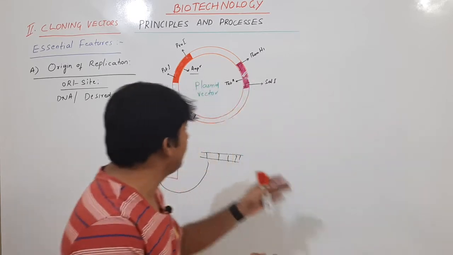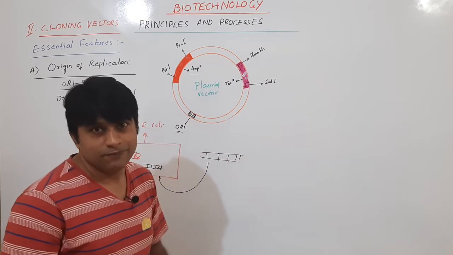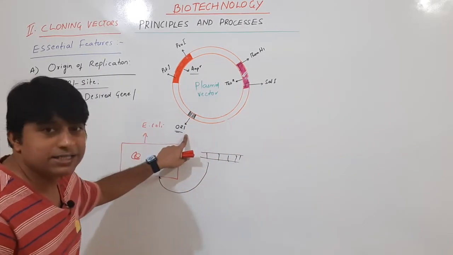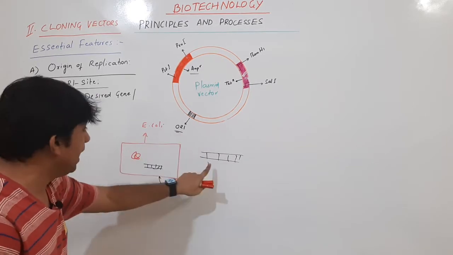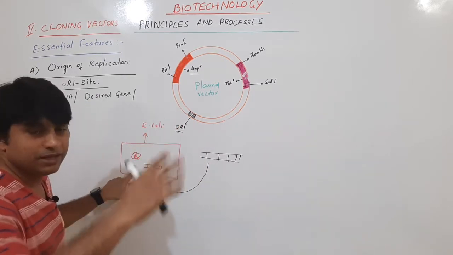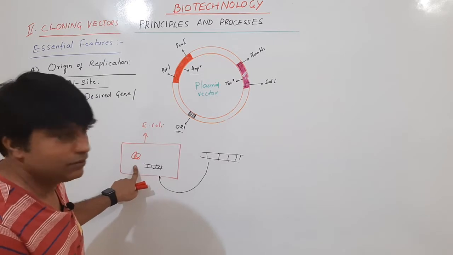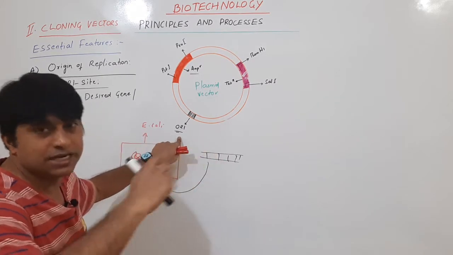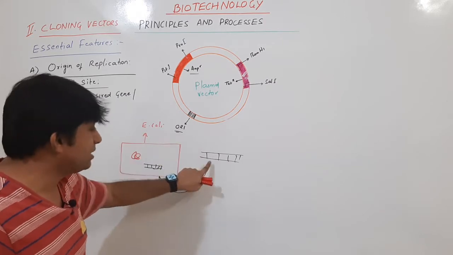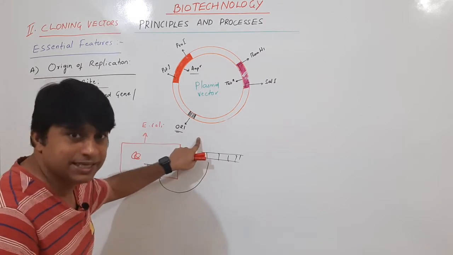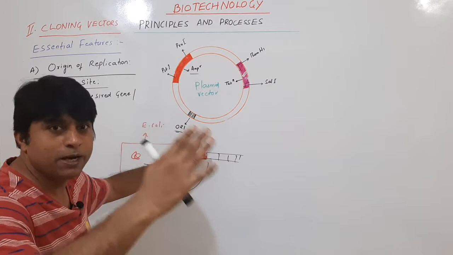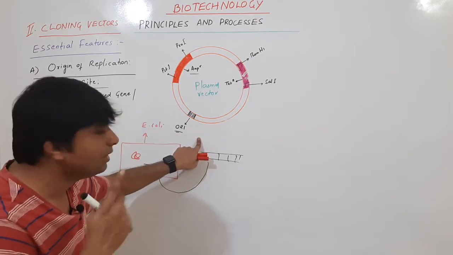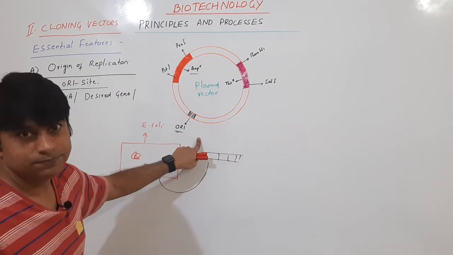That is the reason why we need a vector. As a result, for the vector, the ORI site is important. Directly introducing this into the host cell, it will degrade. So once the alien DNA is linked with this sequence, it becomes a permanent part of the host genome and the host can multiply.